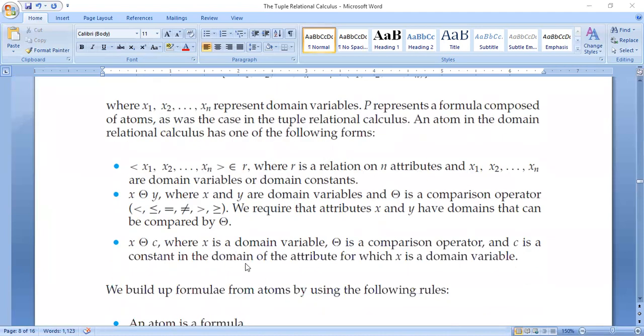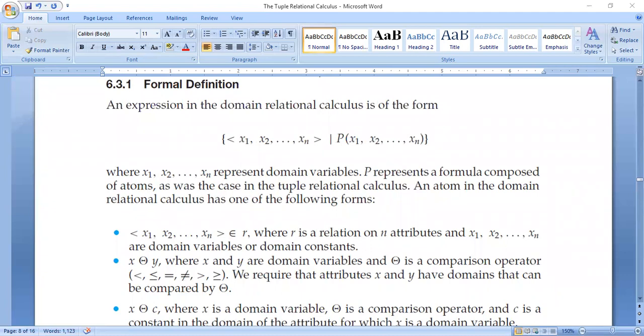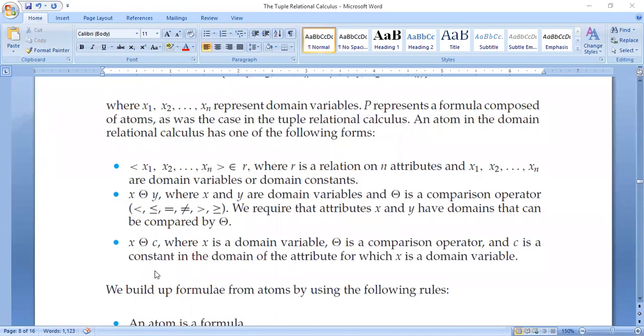The third form of this predicate could be x operator c. So this predicate may consist of a domain variable x and a constant term c, and we can use any of these operators to write an atom of this form. So what is an atom?